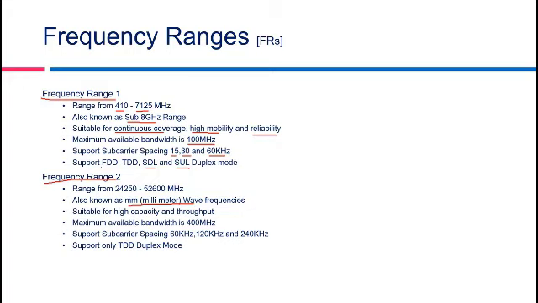The FR2 is suitable for high capacity and higher throughput. The maximum available bandwidth within FR2 is 400 MHz, which is about 4 times larger than FR1.